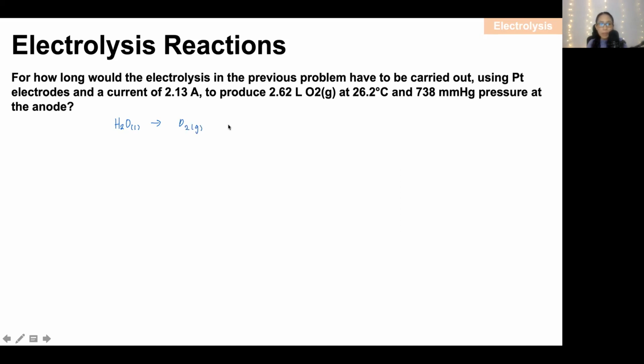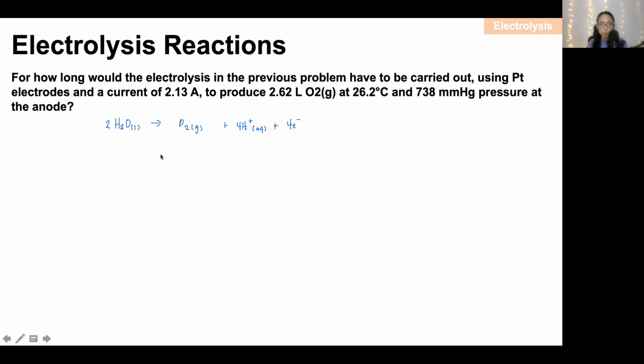So the balanced reaction for this one, being oxidized, is 2H2O giving O2 plus 4H+ plus 4 electrons. So this is the balanced half reaction for the oxidation of water to oxygen.